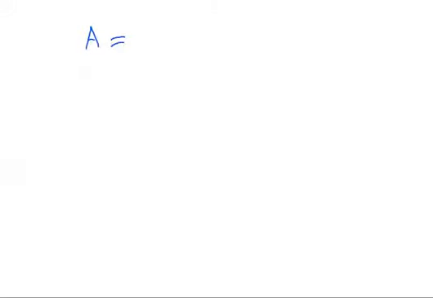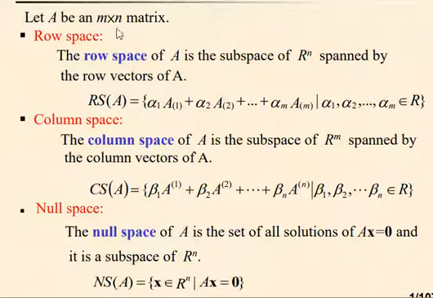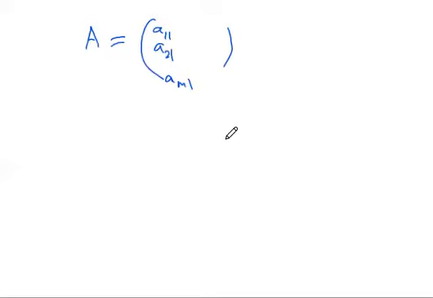It has m number of rows, and n number of columns. The entries are a11, a12, and something like that, up to an m by n matrix, right?